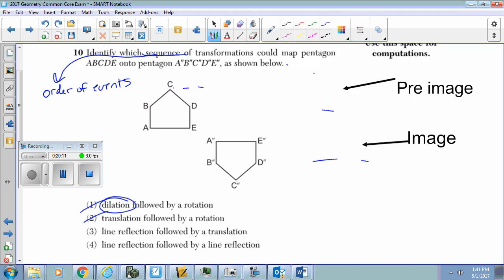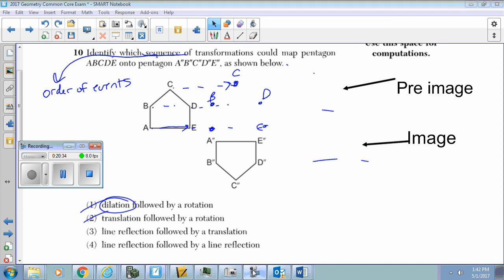If you were to translate all these points, so let's just say C comes here, and D comes here, right, and B comes here, right, we're translating it this way, and then A comes here, right, and then E comes here, right, okay, then, hold on one second.